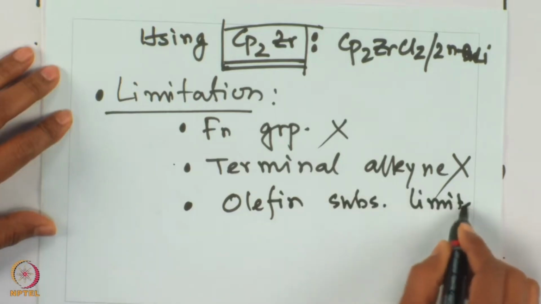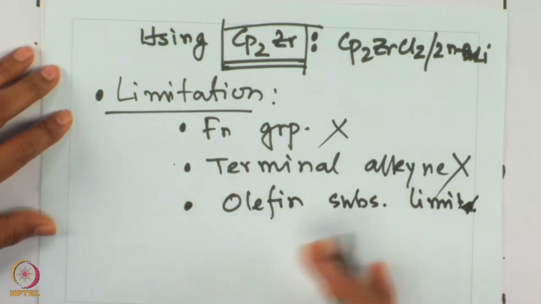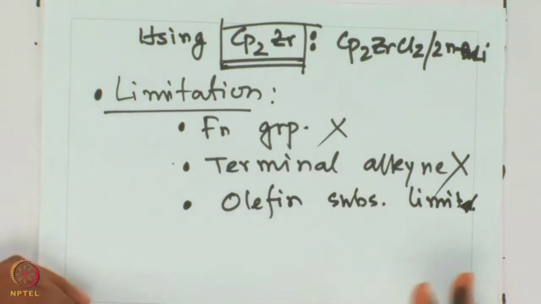That is another problem, but the good things are that it is an experimentally simple procedure and works to provide 5,5 or 6,5 enone systems. So, there are good things, but there are limitations of the method as well.